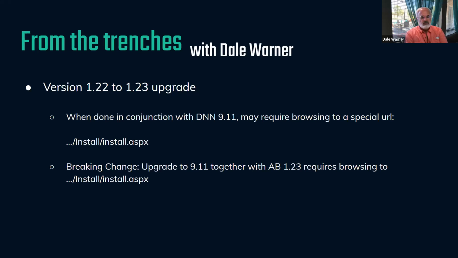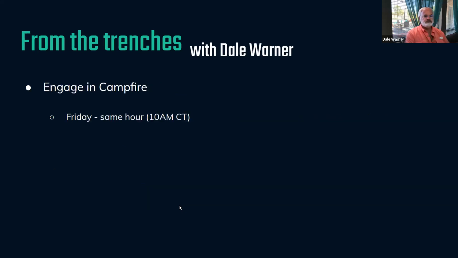You might need to browse to your website name/install/install.aspx to trigger the installation of the platform to go on. So that will save you 5 minutes of panic as you're trying to figure out why your site isn't running. We try to install it automatically, but in this case, we're not able to. It's just giving you the road sign about how to go about that.